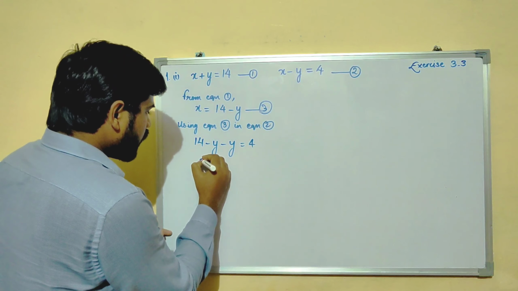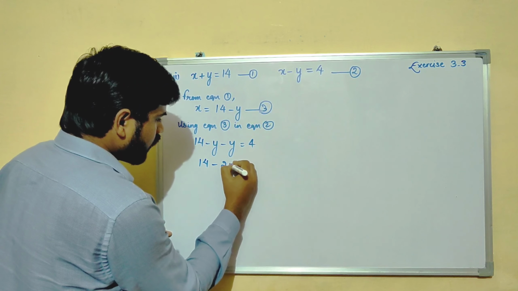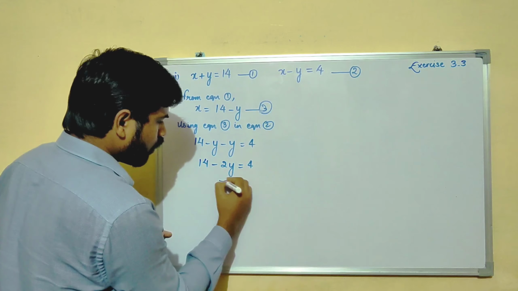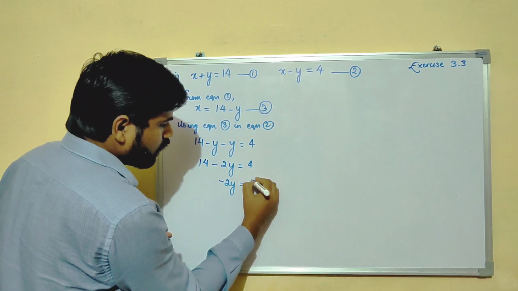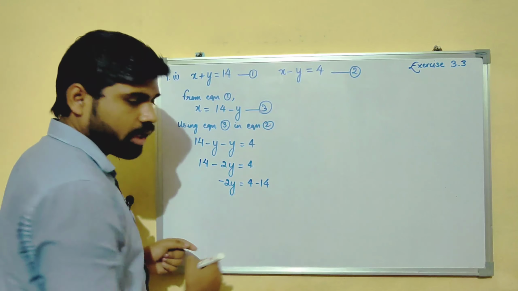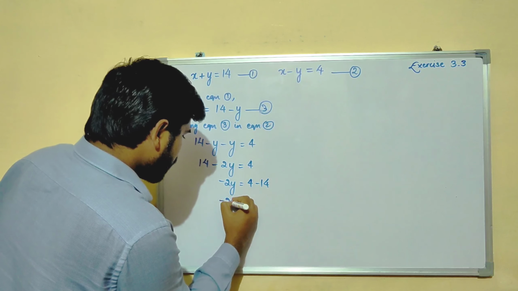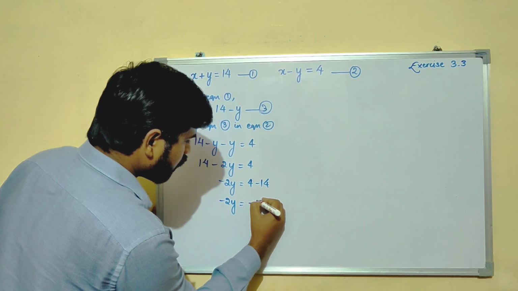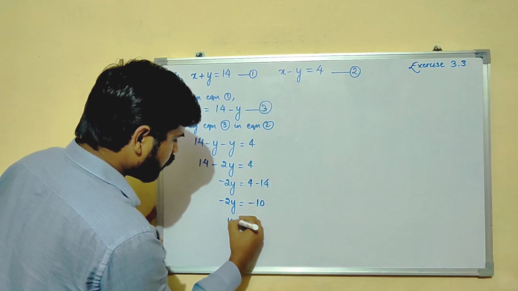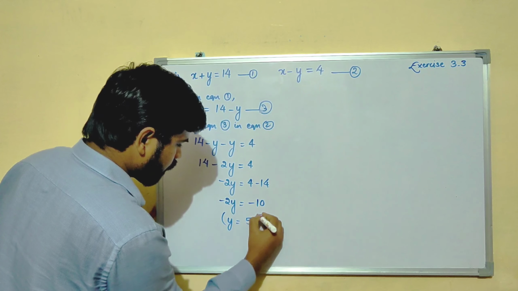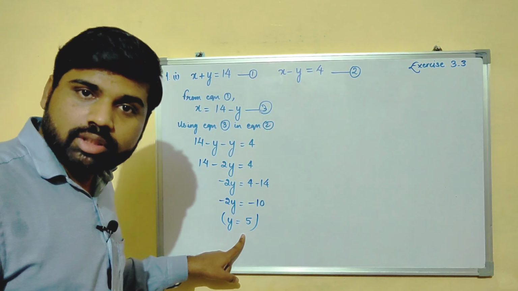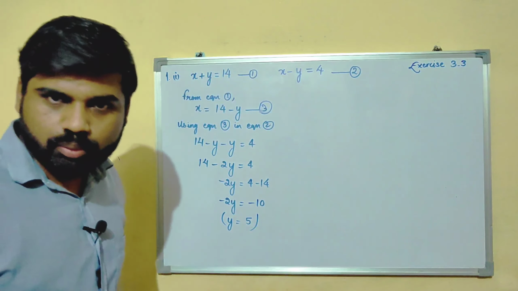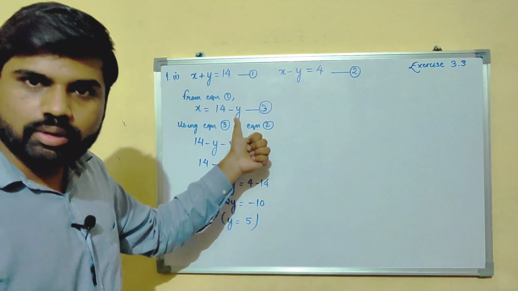On solving it, you will get 14 minus 2y equals 4, or minus 2y equals 4 minus 14, right? Further solving it, minus 2y equals minus 10, or y equals 5. Now substitute this value of y in any of the equations, either 1, 2 or 3.